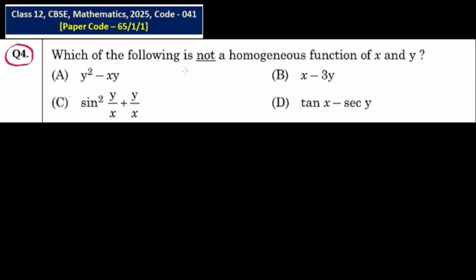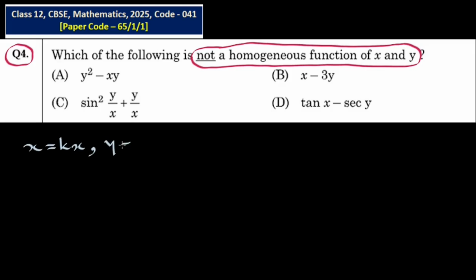Question 4. From the 4 options given, we have to choose which of them is not a homogeneous function of x and y. General practice is to put x equals kx and y equals ky in each of these functions and check if they can be written as k times the original function f(x).